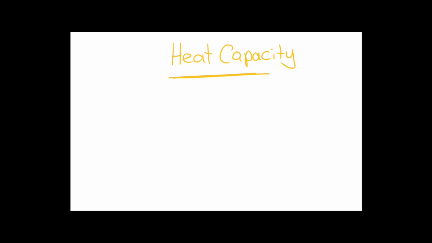So now we get to the topic that a lot of students find kind of confusing, and it is the topic of heat capacity. So there are two types of heat capacity. The first one is called the specific heat capacity.